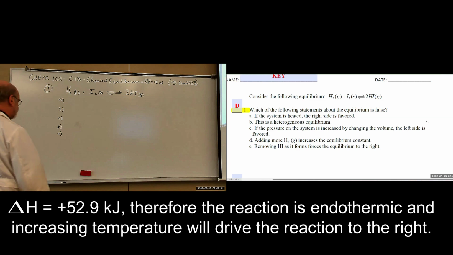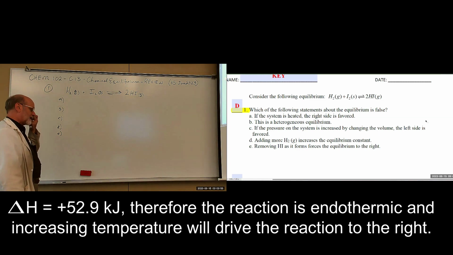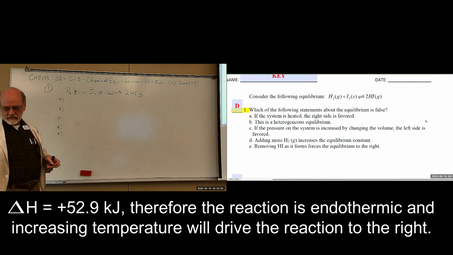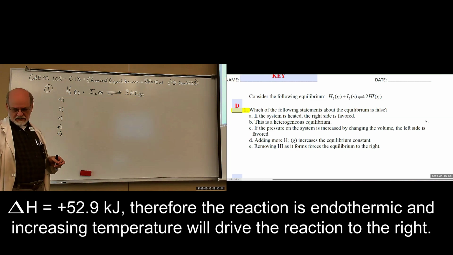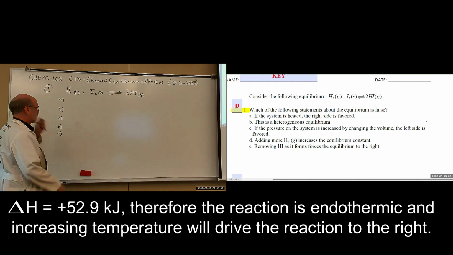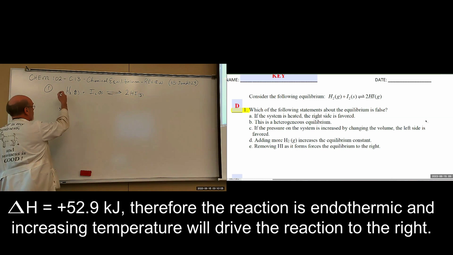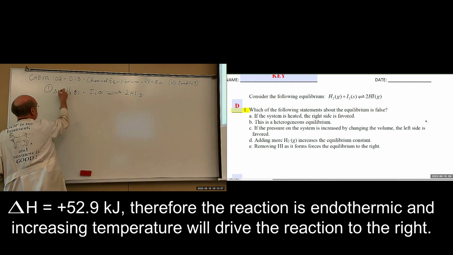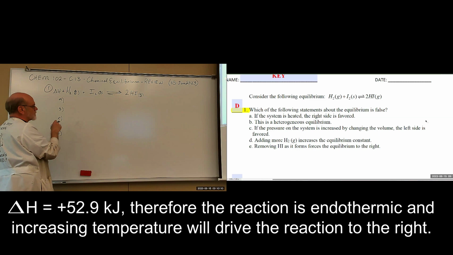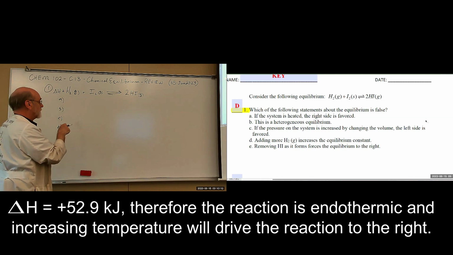The way I approached it in the worked problems was that if we add heat to this side, what's that going to do to the reaction rates?